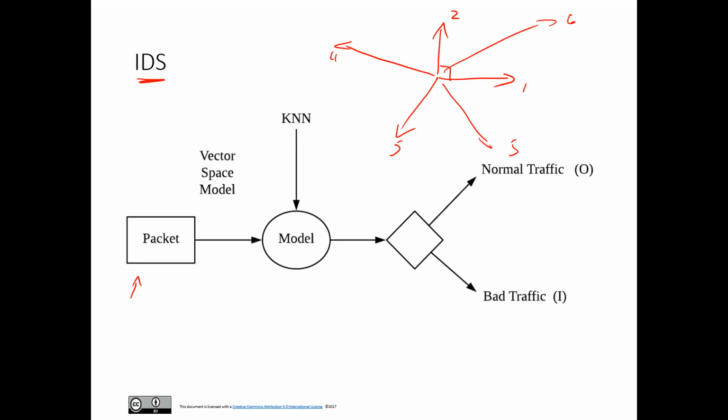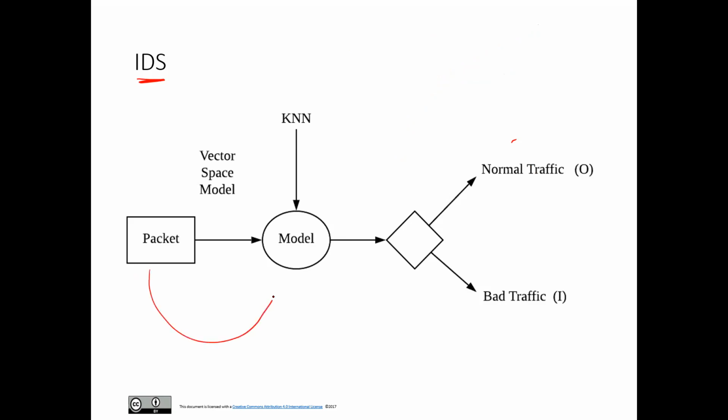Okay, so when we have that concept, all we need to do now is figure out, which is kind of the homework that you're doing, how to convert the packets into the vector space model. Find X, define Y, and then once we have them, we're going to implement the KNN algorithm for our model.